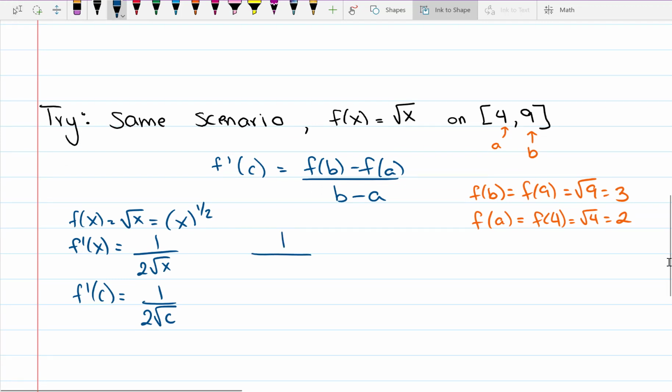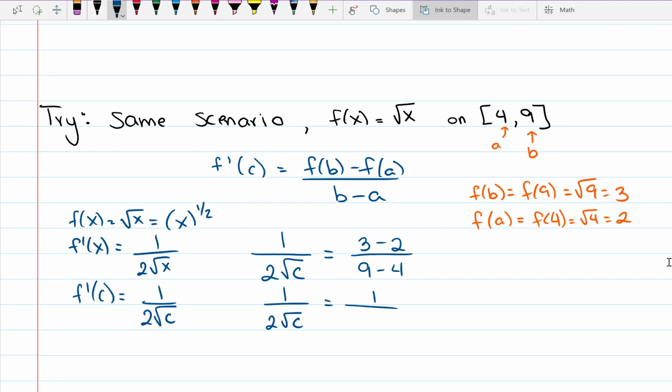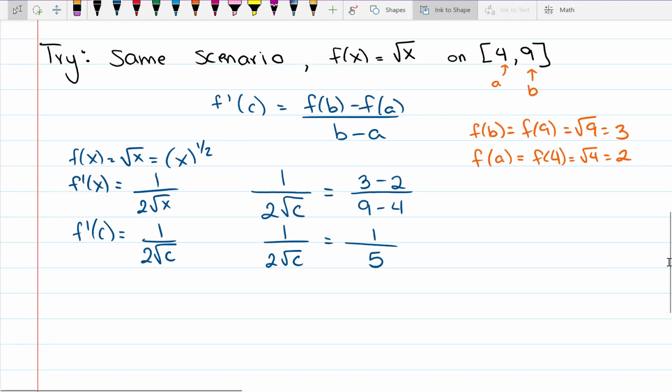So we get 1 over 2 times the square root of c is equal to 3 minus 2 divided by 9 minus 4. So 1 over 2 square root of c is equal to 1 divided by 5. And there's a couple ways to solve this. You can cross multiply.